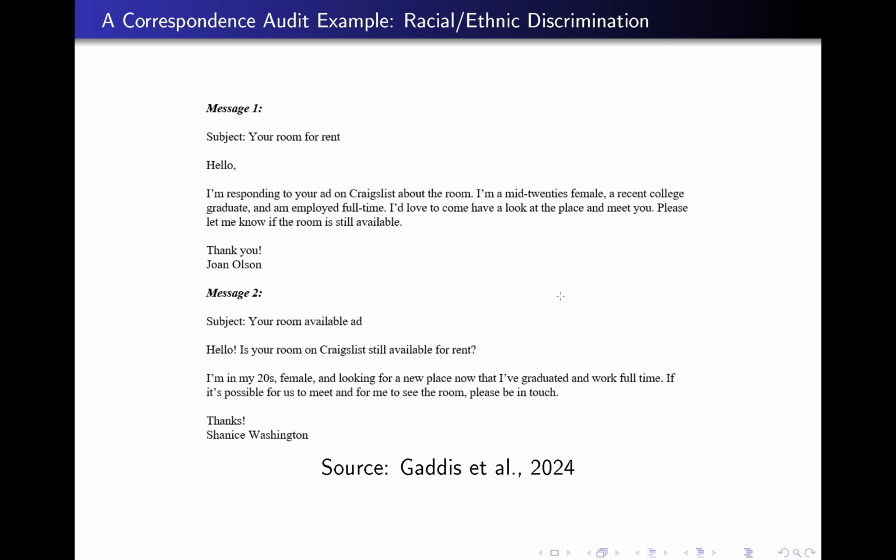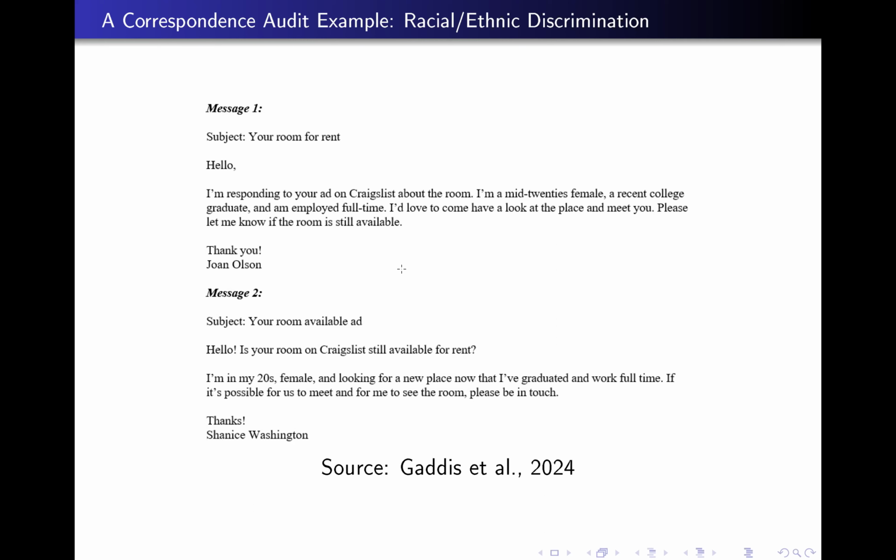And we're doing it through names. So you can see here, these are two different messages with two different subjects, but you can rotate those through and make sure that what you've got essentially is the same kind of information, but you're keying in on the difference in the treatment conditions, which in this case, Joan Olson is supposed to convey a white person, and Shanice Washington is supposed to convey a Black person.